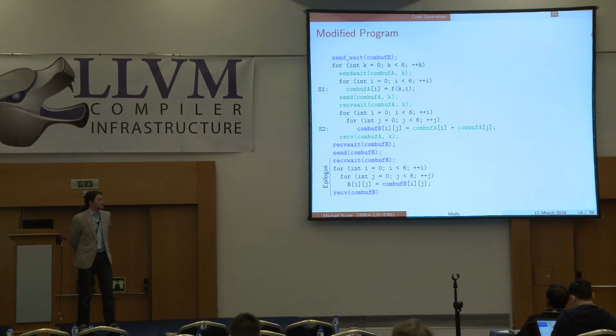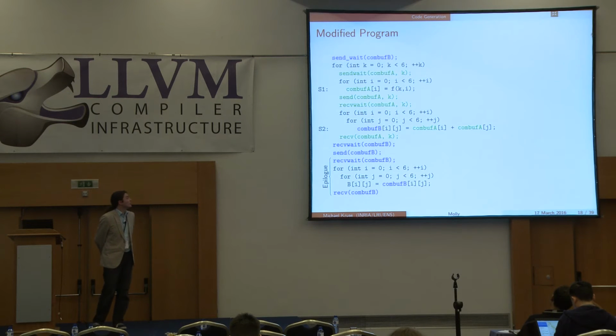We have the same sample program as before, and we have two communication buffers, abbreviated combuf A and combuf B. The primitives are added where they need to be, and there's a special epilogue at the end which writes back the actual data from the combuf into the field of B.